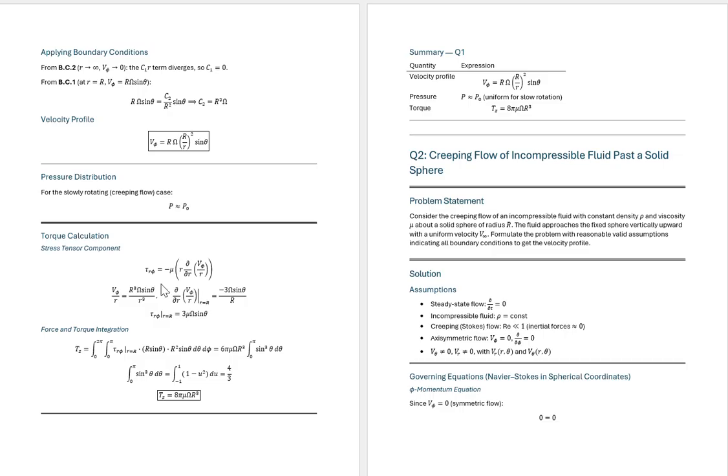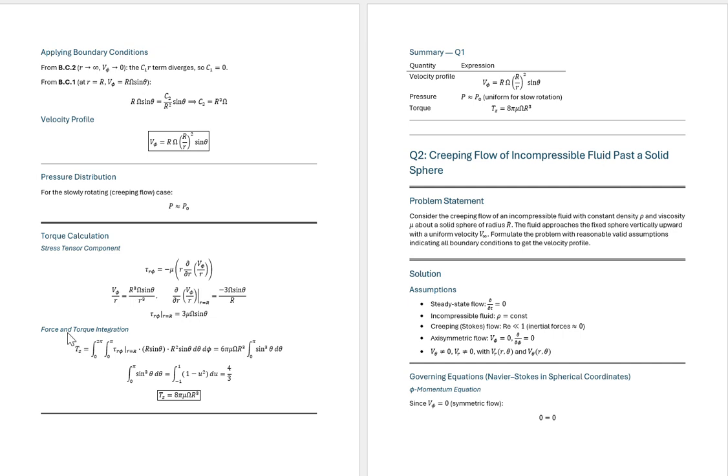And similarly for torque calculation, torque is equal to shear stress into area into lever arm, and this is the equation of shear stress, tau r phi is equal to minus mu into r into d by dr of V phi by r. On substituting V phi, which is here, into this equation, we get this.